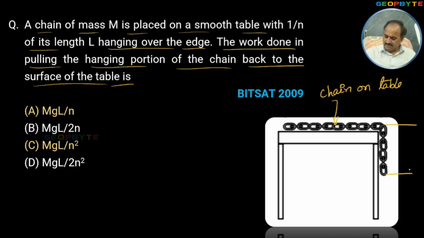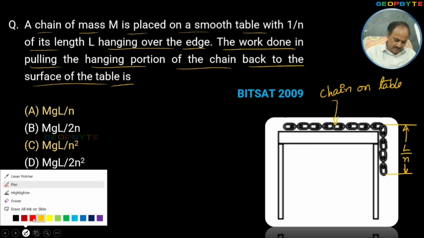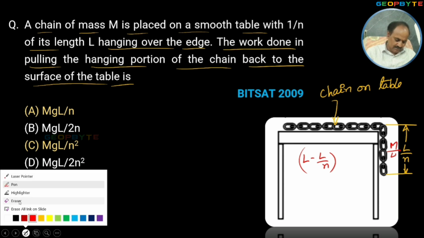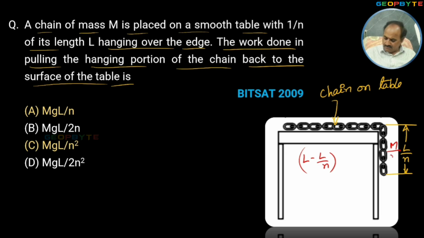That hanging length is L by n, and the remaining length is L minus L by n. Since the chain has uniform cross section, M by n part of the mass is hanging, and the remaining M minus M by n part is on the table.